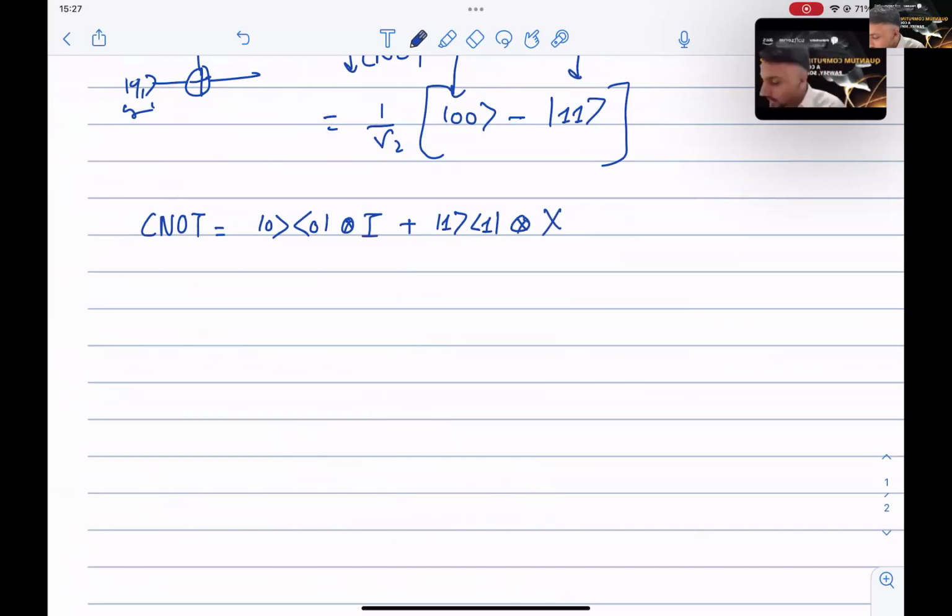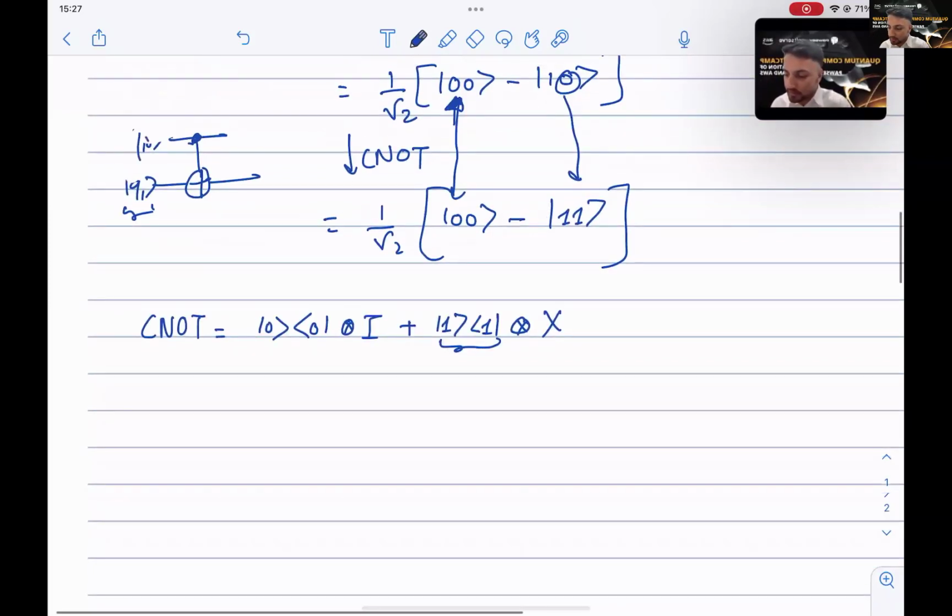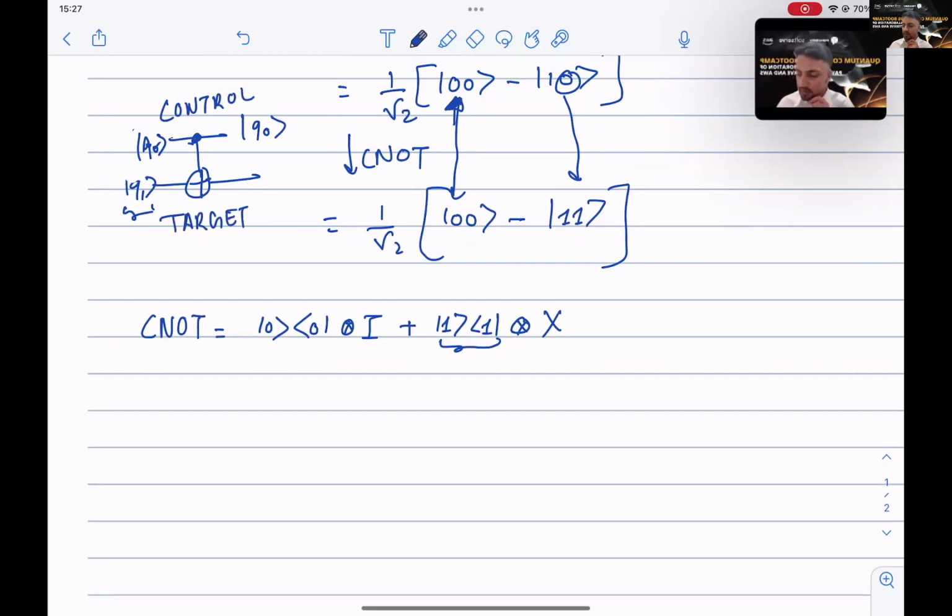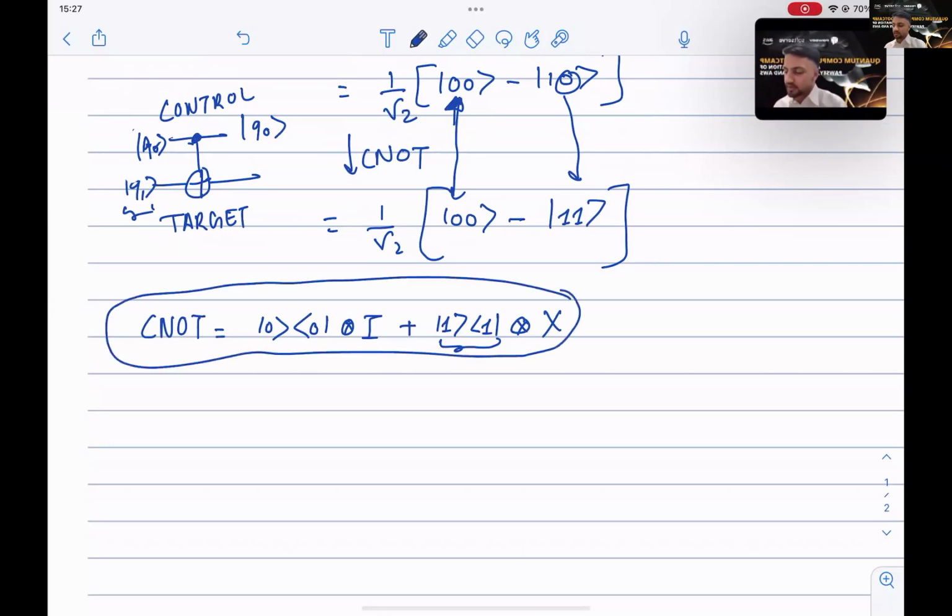C naught doesn't do anything on the first qubit, right? So something to remember is this qubit is unchanged, by the way, okay? The control qubit is unchanged, and this target qubit gets flipped, right? So if it's 0, it becomes 1. If it's 1, it becomes 0. Okay, so this is your Dirac notation definition of a C naught gate.